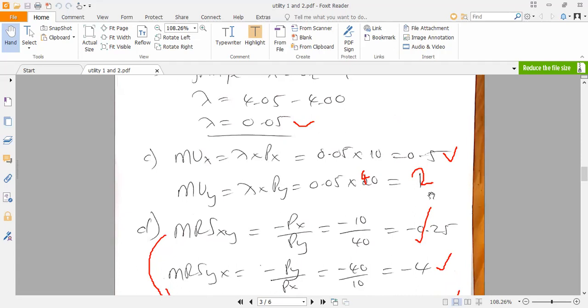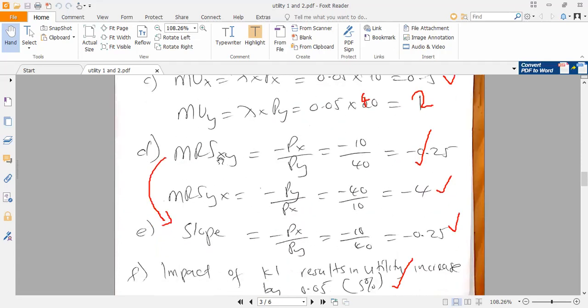Then we are asked how to find the marginal rate of substitution. They'll ask for X for Y or Y for X. If they ask X for Y, you start with the price of X over price of Y. So this is negative 10 over 40, which gives negative 0.25. If they say Y for X, you start with the good that has been discussed first.